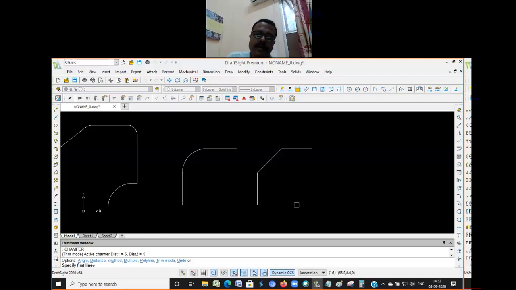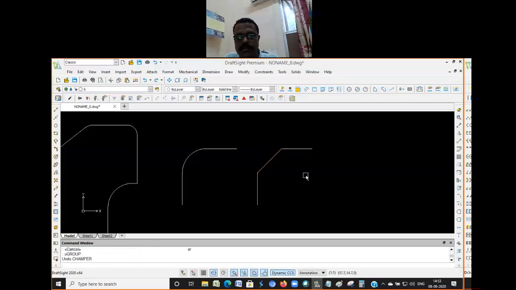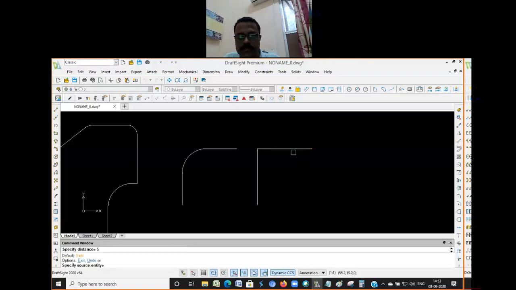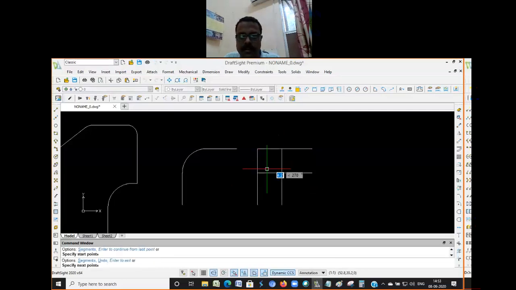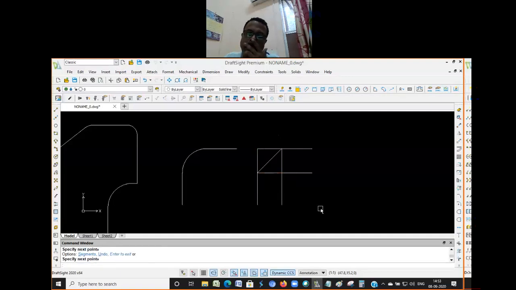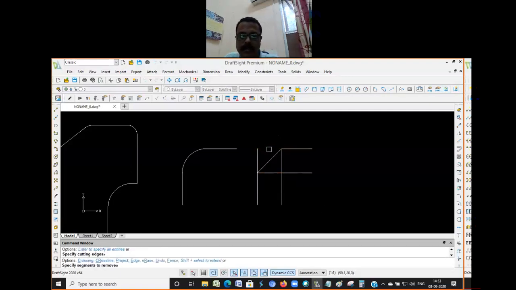Rather, it just joins the points that you specify. So if you are specifying 5 millimeter, that is 5 millimeter offset from here up to here, and from here up to here. So basically it will join from here up to here. Then I trim out these two lines.